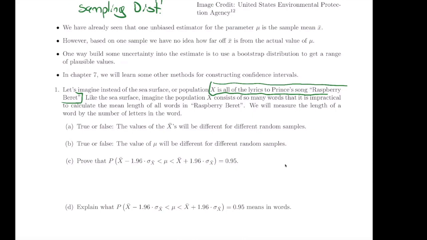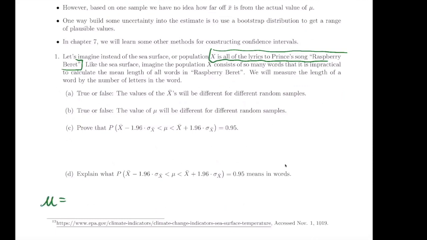So if we take all of the lyrics of Prince's song, and we're going to try and come up with a confidence interval. So let's say we didn't know the population, but we wanted to come up with an estimate for what is the mean length of a word.